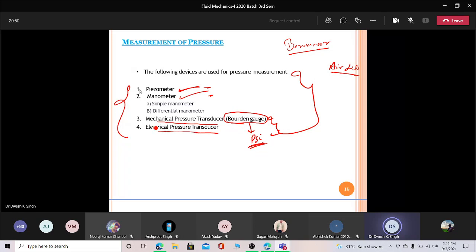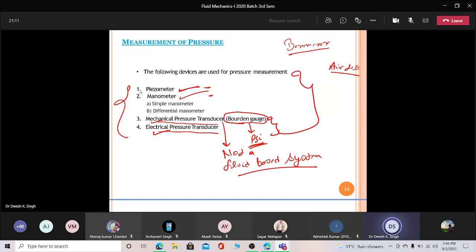So these are based on mechanical and electrical systems, not fluid. They are not a fluid-based system.